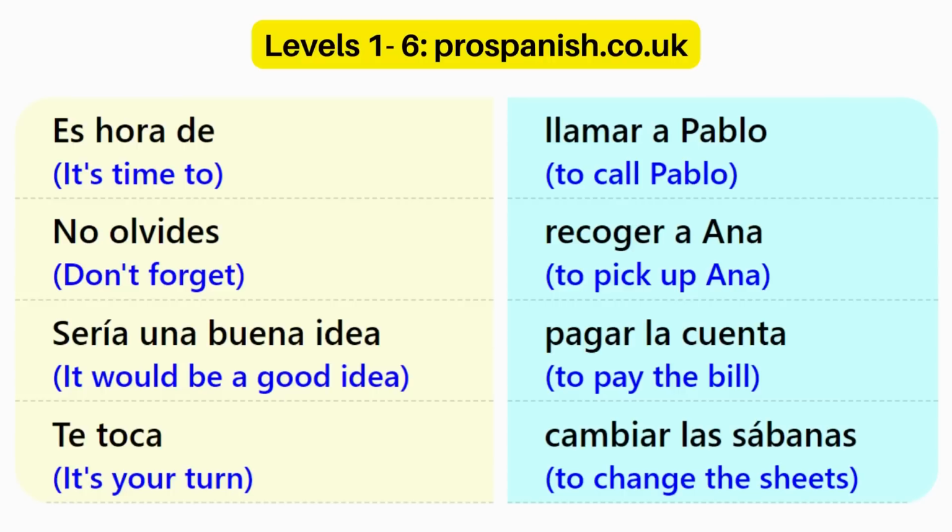So remember what I said earlier, that we have the verb pagar, to pay, and if it's a person after it, obviously the bill, la cuenta, isn't, well, I guess if it was Bill with a capital B, then it would be a person, but in this case it's the bill. So to pay the bill, there's no person there, so there's no letter A. But when it's Pablo, it's pagar a Pablo, to pay Pablo.